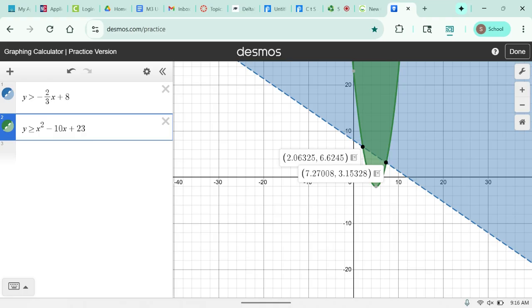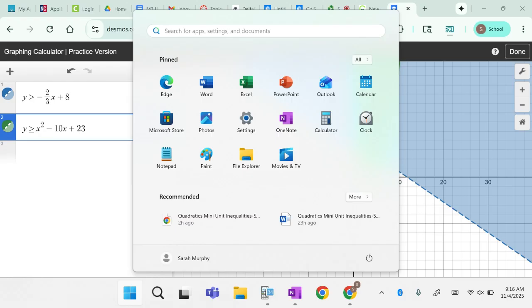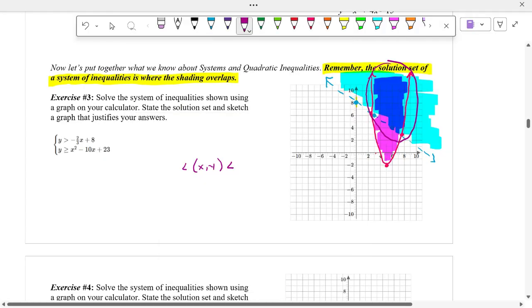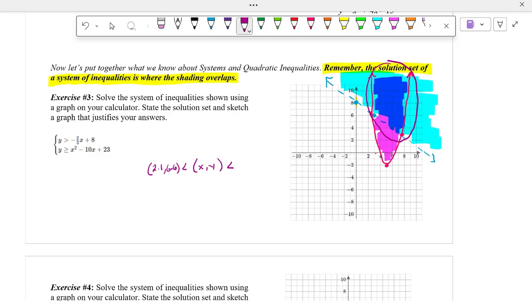So that'll be 2.1, 6.6, and 7.3, 3.2. It's usually nicer numbers, but this one I just pulled from somewhere, so it just wasn't nice numbers.